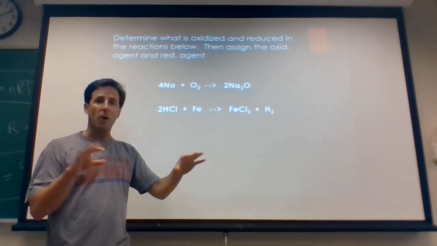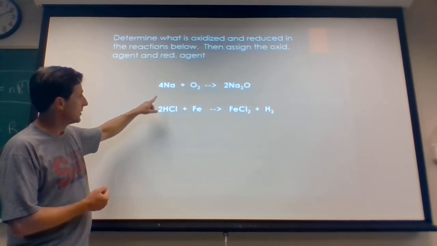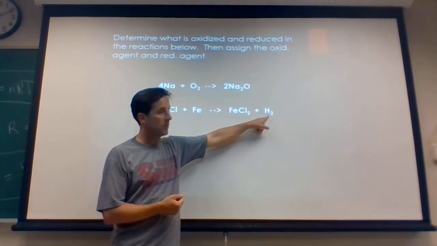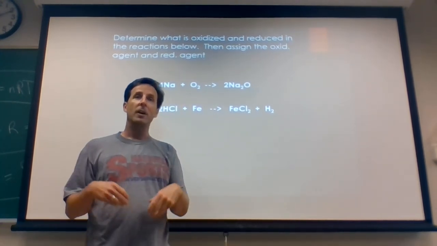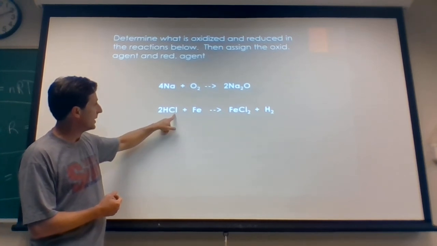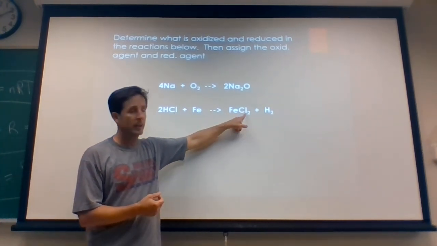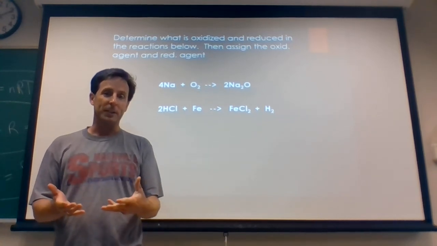If I know all those charges, I would notice that hydrogen is going from +1 to 0, a decrease in charge. Hydrogen's being reduced. Chlorine was -1 here, and when I came over here, it was still -1. So chlorine is actually a spectator in this reaction.